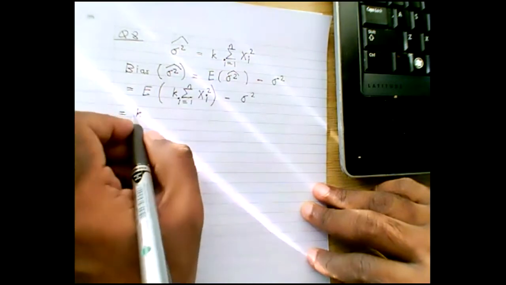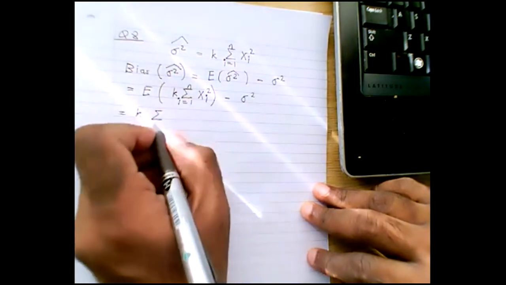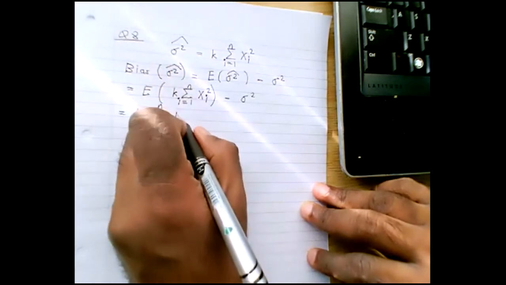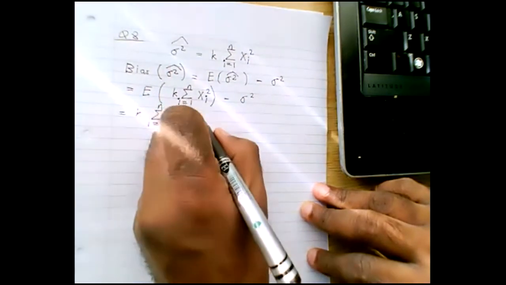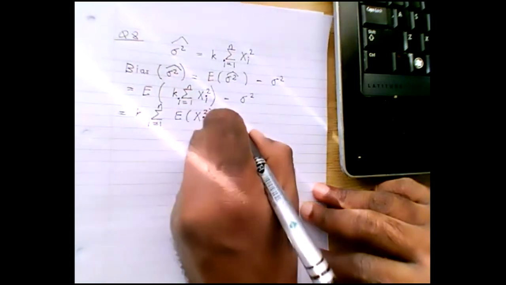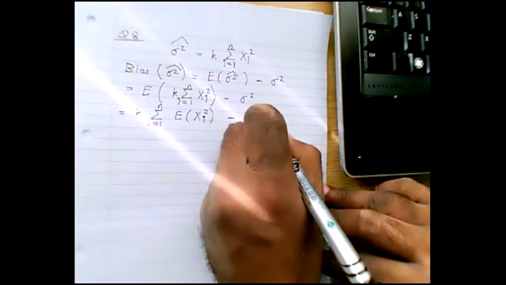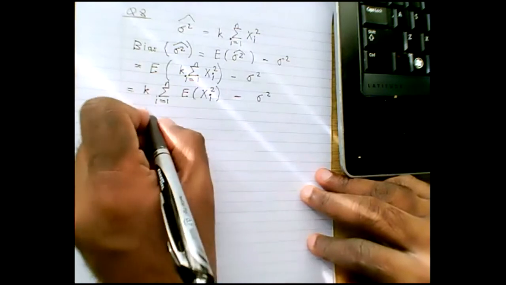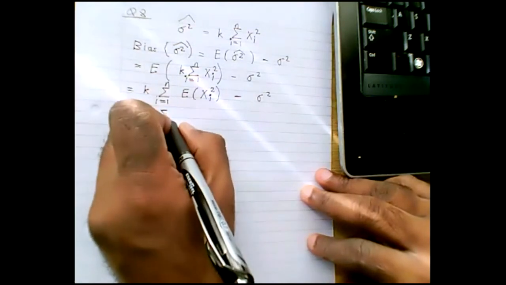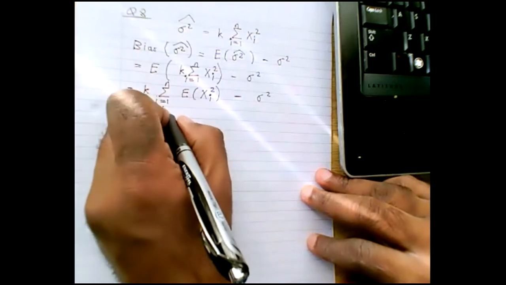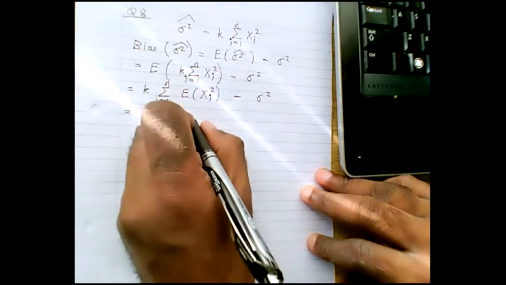So this is k times the sum, like this, yeah. All right, now I'm gonna use a trick here. I'm gonna do the following trick. You'll see why I'm doing this in a sec.